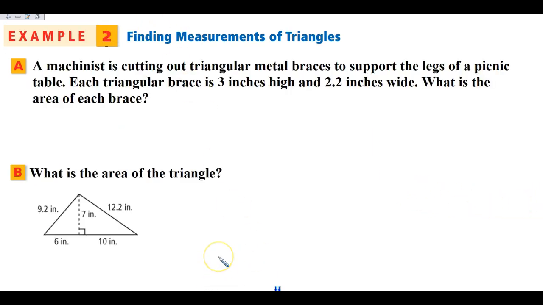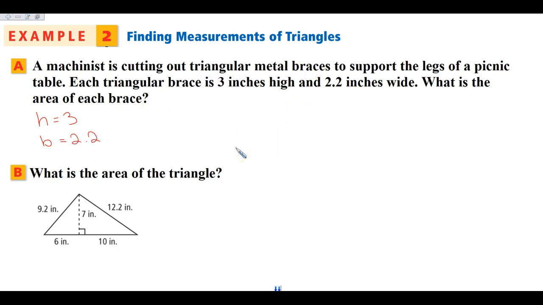Okay, so we are told that a machinist is cutting out triangular metal braces to support the legs of a picnic table. Each triangular brace is 3 inches high, so my height is 3, and 2.2 inches wide. That's basically the length of my base because that's where the widest part is going to be. So my base is 2.2 inches.